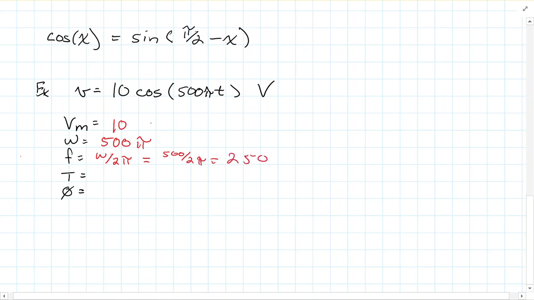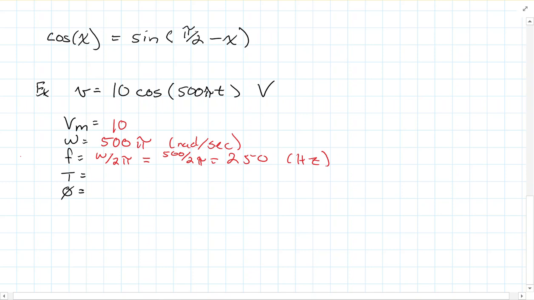And I forgot to put units on these. Vm, we don't typically put units on unless it's micro or something. We don't write volts or anything like that necessarily. But omega is in rads per second, and f would be hertz.